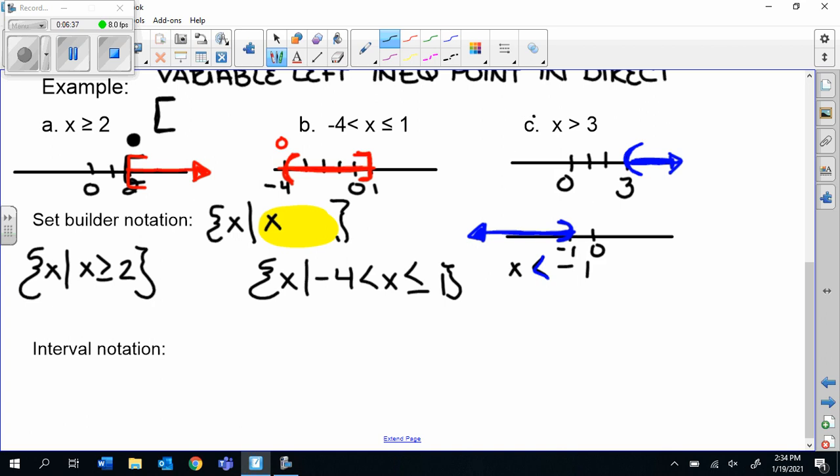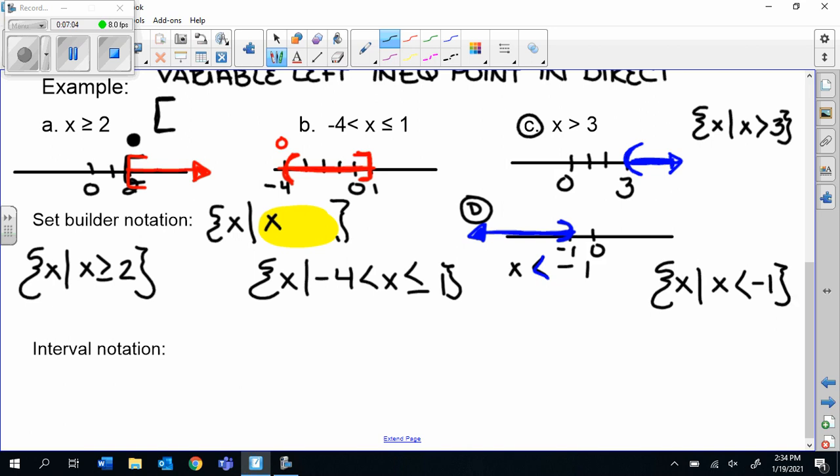If I was going to write C in set builder notation, I think you probably have the hang of it now. You would write it as X such that X is greater than 3. And if I was going to do my last example here that I kind of squeezed in, it would be X such that X is less than -1.